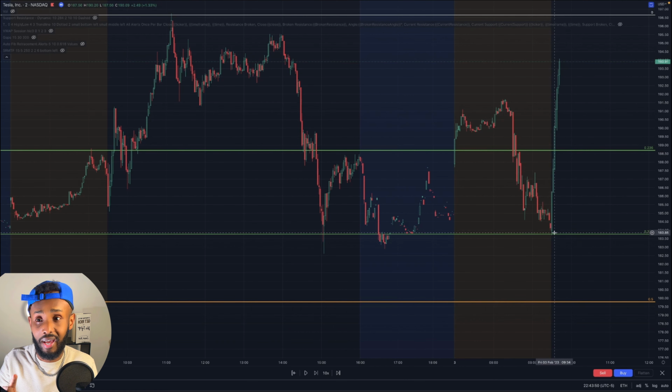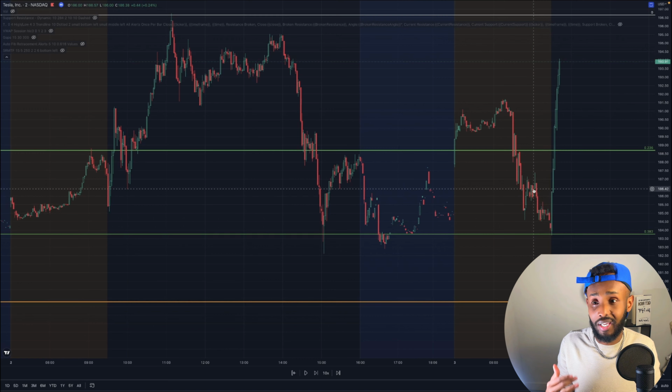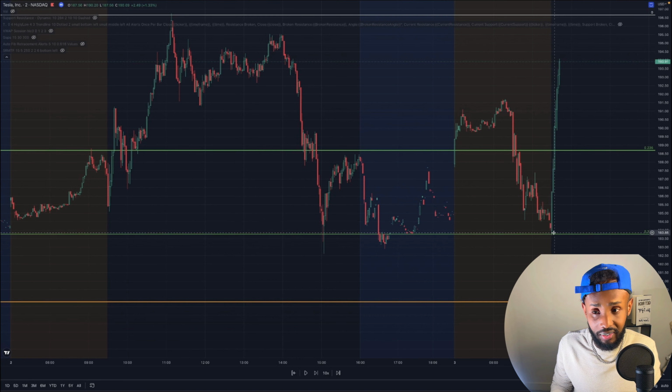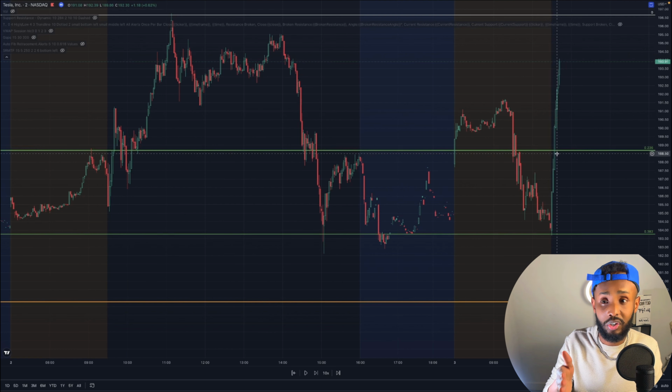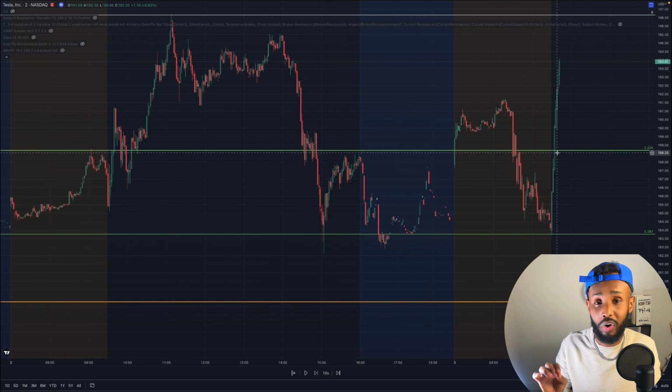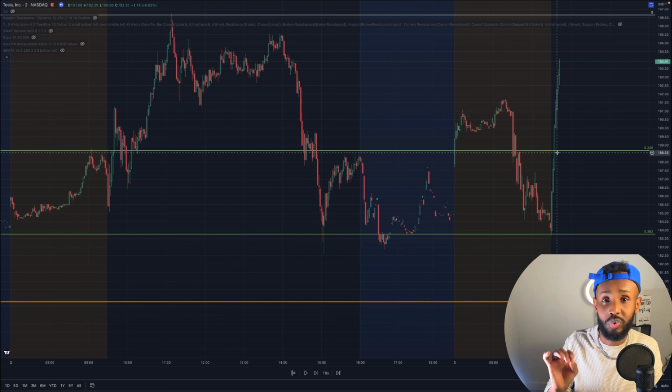But this is not the only indicator that we use. We don't just buy because it retraced to a key level, and we don't sell because it just came to another key level. We need to use it in addition to other indicators. This is called confluence, when we have more than one reason to buy and more than one reason to sell.